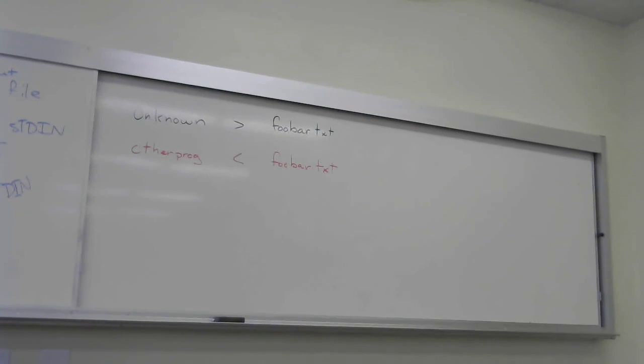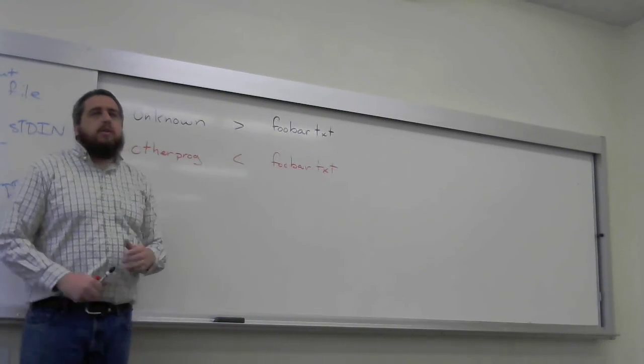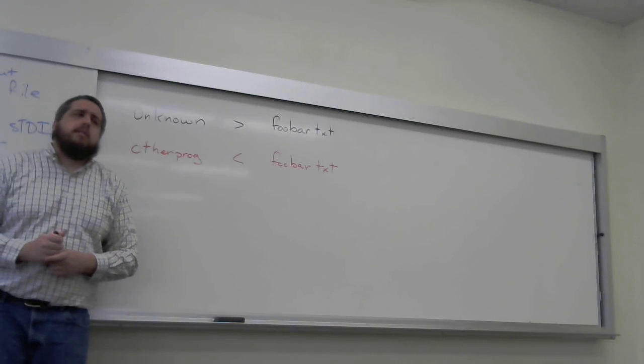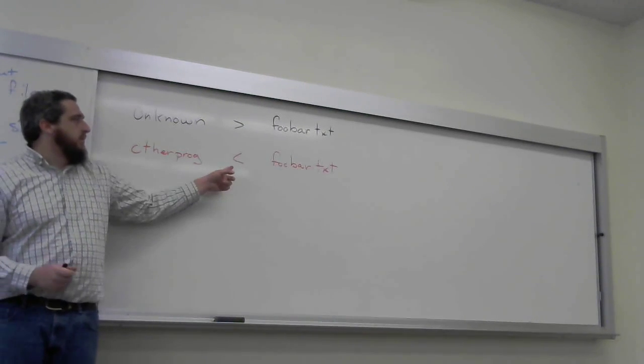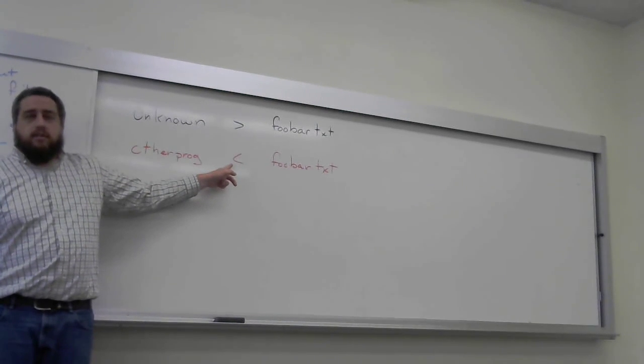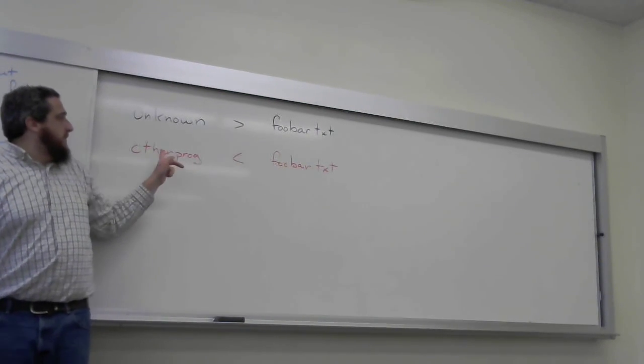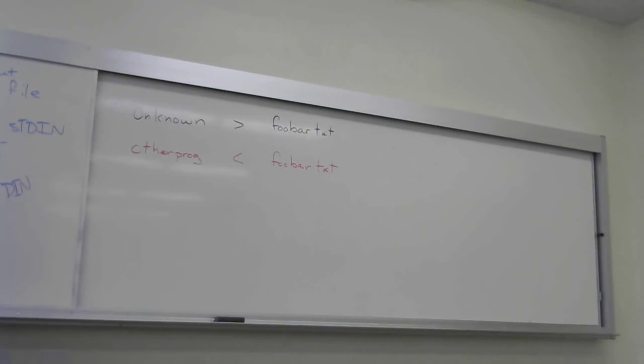What's the requirement that other program must have now? It can take the file format of foobar, can take it where? Through standard in. What if other program here doesn't take it through standard in? What if other program expects its input through the command line arguments? Would that work? That would not work. So this is not valid.